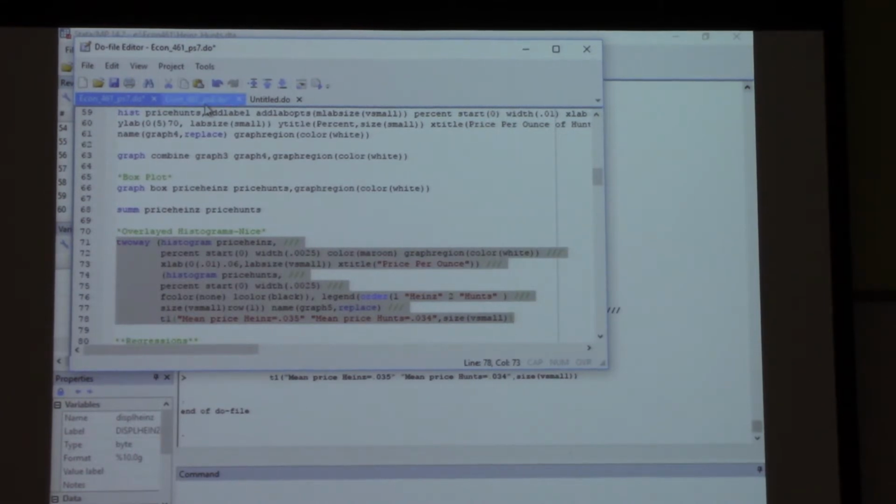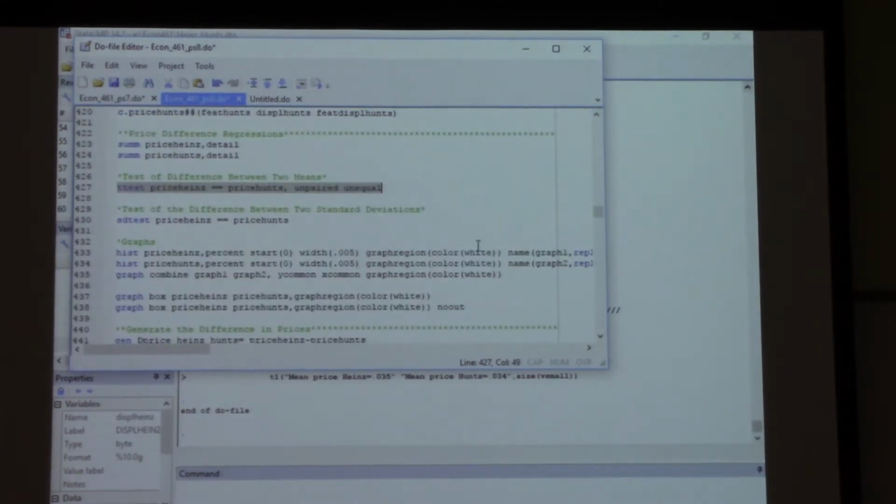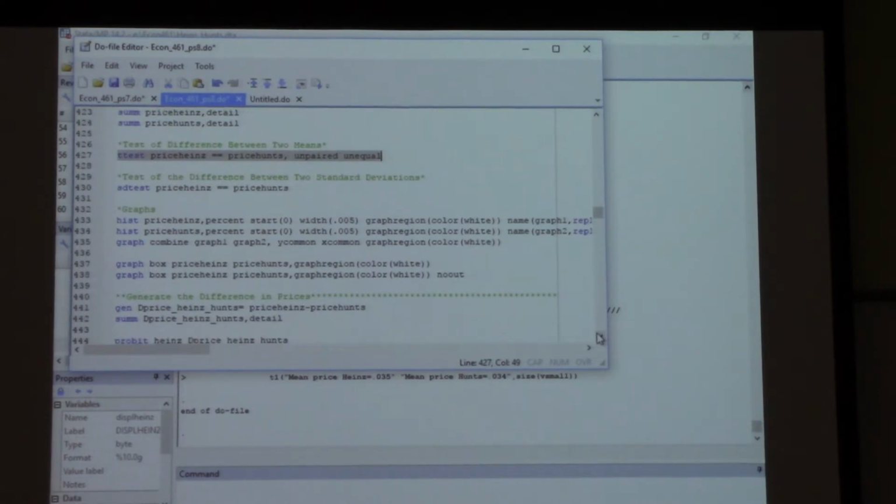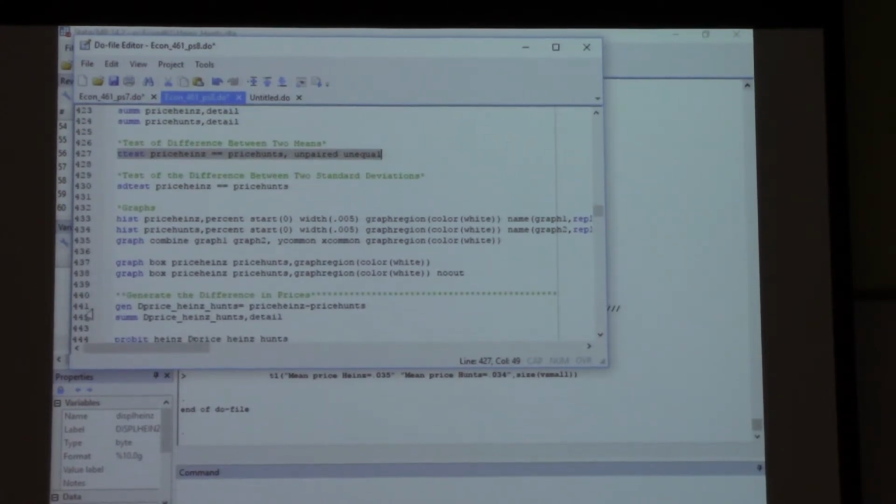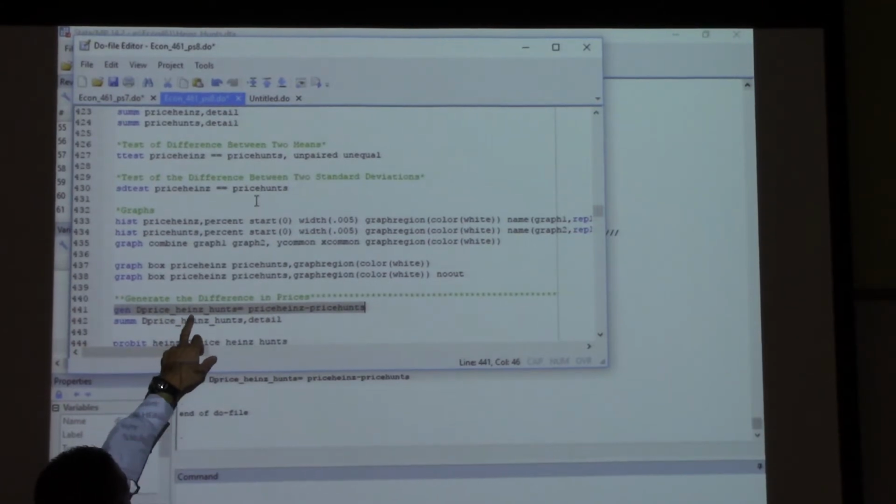So we know there are some price differences. I'm going to generate a price difference. It's simply that: D price, Heinz minus Hunt's.